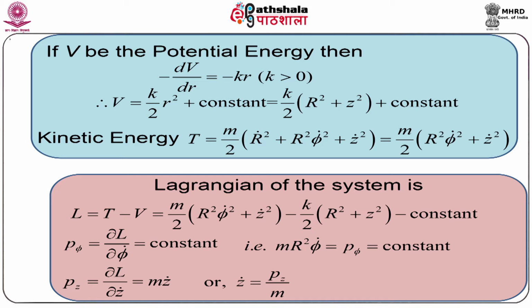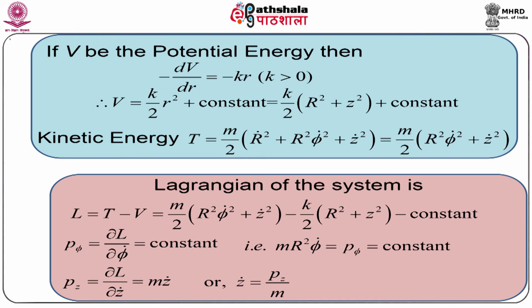Since phi is absent from Lagrangian L but phi dot is present, phi is clearly a cyclic coordinate. So p phi equal to del capital L del phi dot equal to constant. This gives m capital R square phi dot equal to p phi equal to constant.